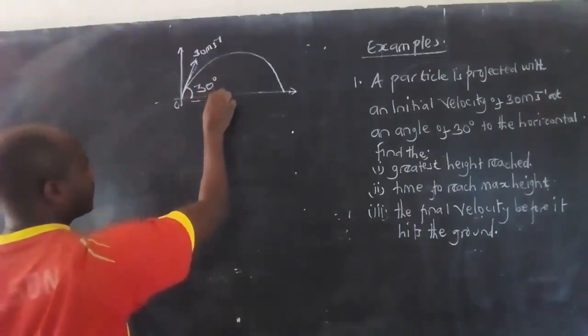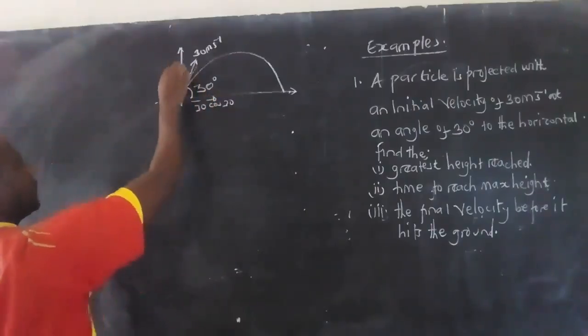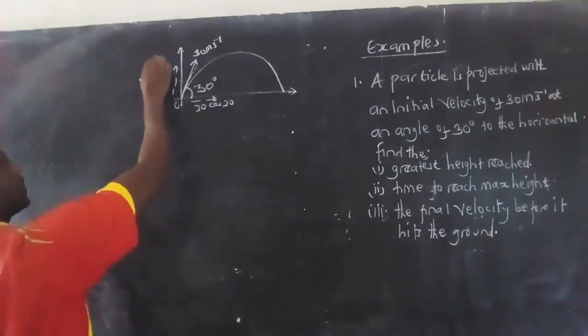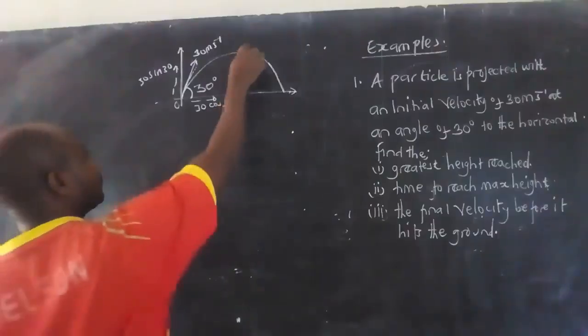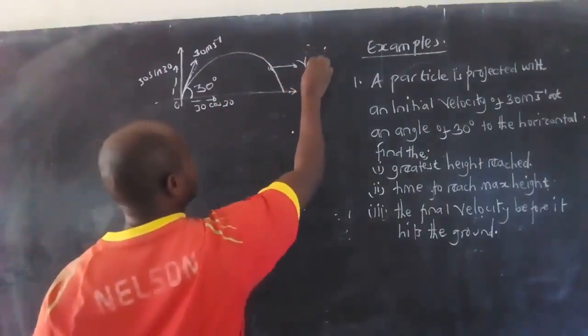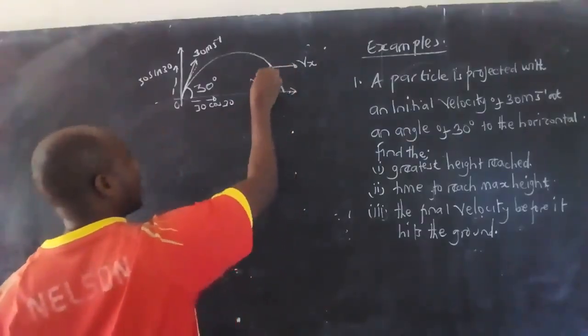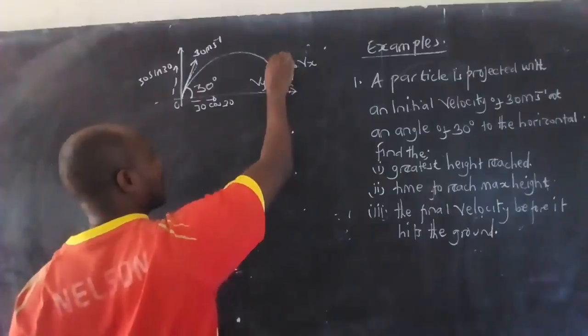So here we shall have 30 cos 30. We shall have 30 sin 30. That is the vertical component of the velocity. So here, before hitting the ground, we shall have Vx, we shall have Vy, and we shall have this one as V. The direction is alpha.